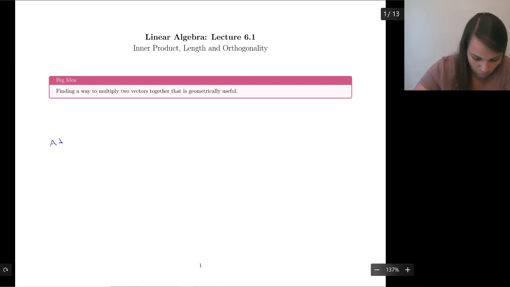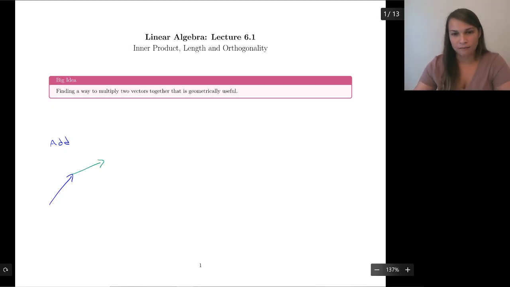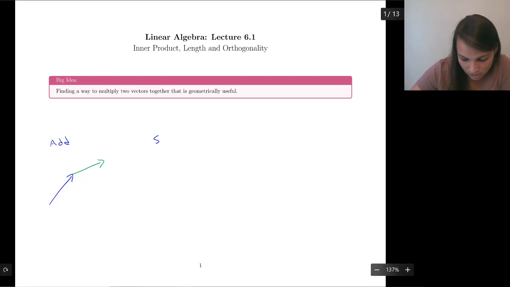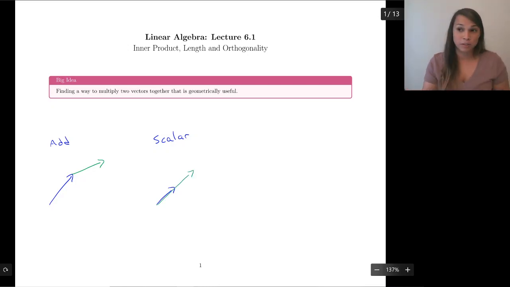For instance, when we add our vectors together, we can do this tail to tail and then find the resulting vector. We can do scalar multiplication. And so if you have a vector, it gets scaled out even further or maybe shorter if the scalar is a small number.